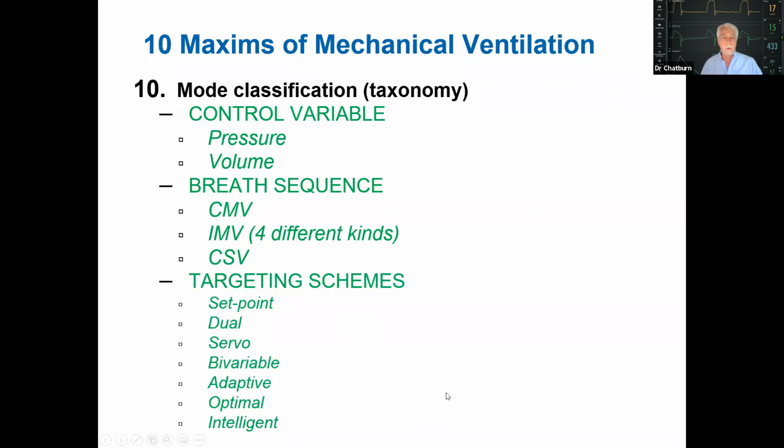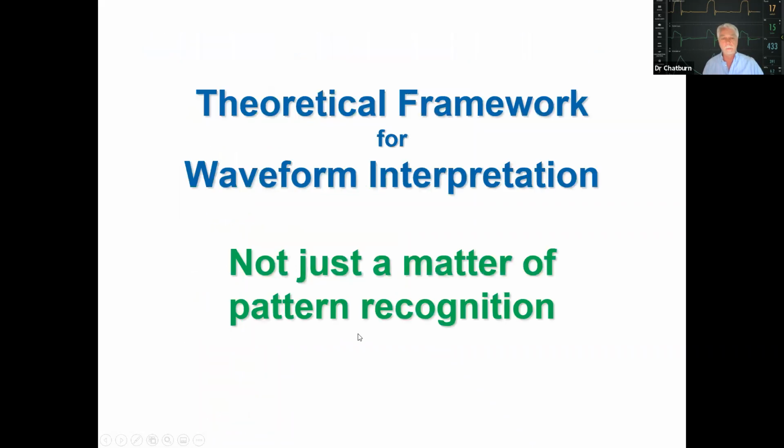And as I mentioned before, there are these 7 basic targeting schemes that are currently used on virtually every ventilator that I've been able to see. And we don't have time to go into this in too much detail, but these are all described in my previous papers.